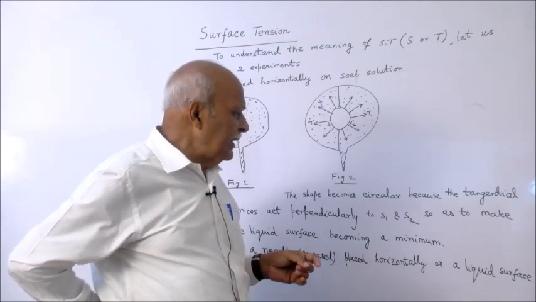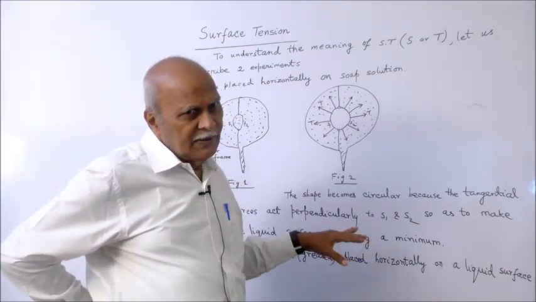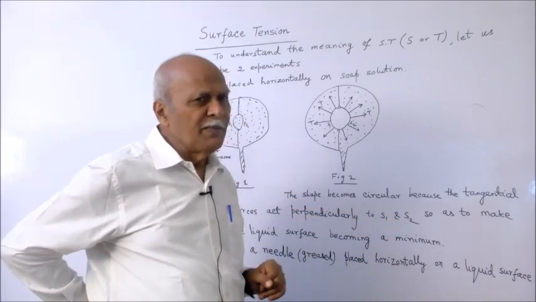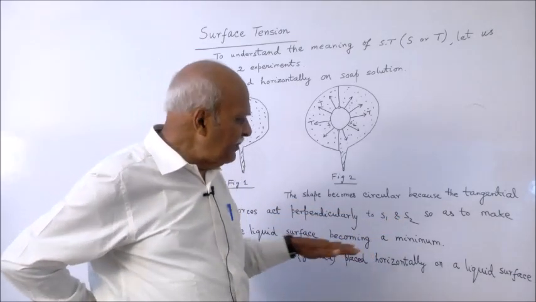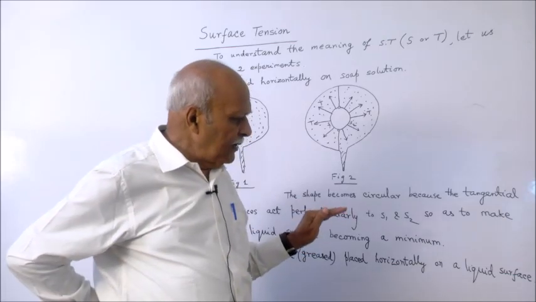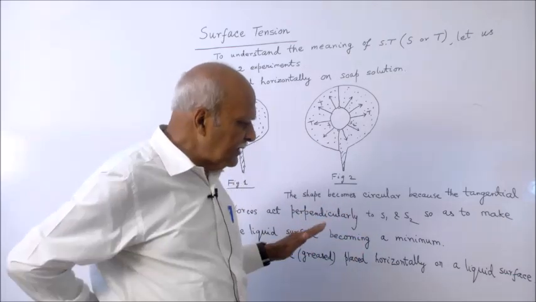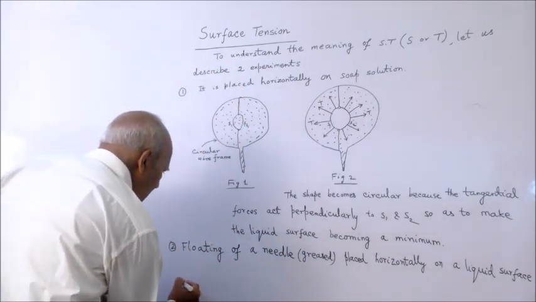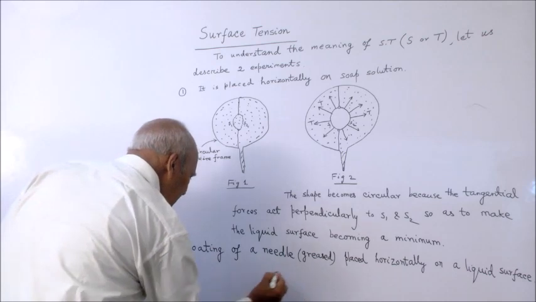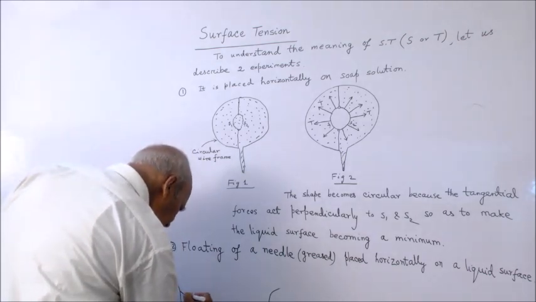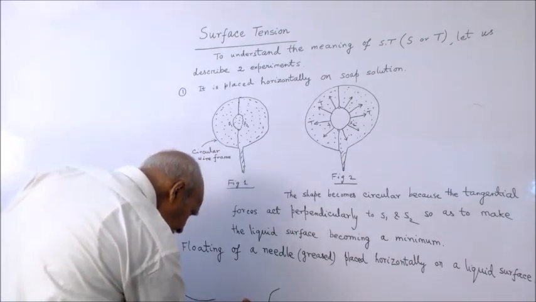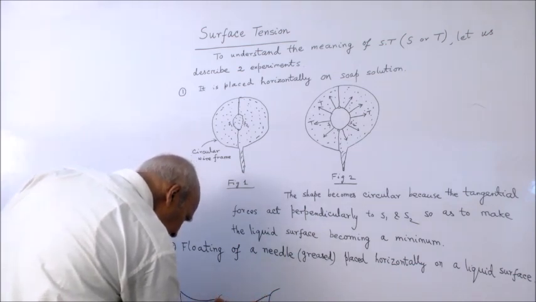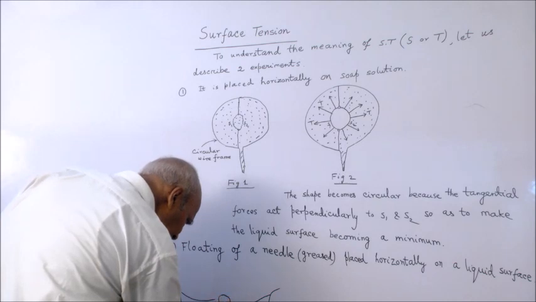That can be explained if we think that the liquid surface behaves like a stressed membrane. Stressed membrane means just like a rubber type of horizontal thing. So, this is the beaker, the liquid is like this, and this is the cross section of the needle.